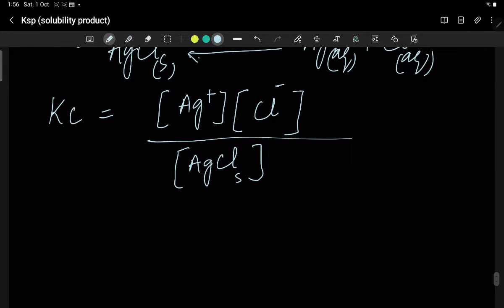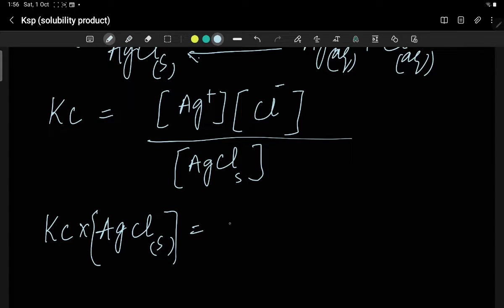We know that silver chloride solid is constant, so Kc into AgCl solid is equal to Ksp.